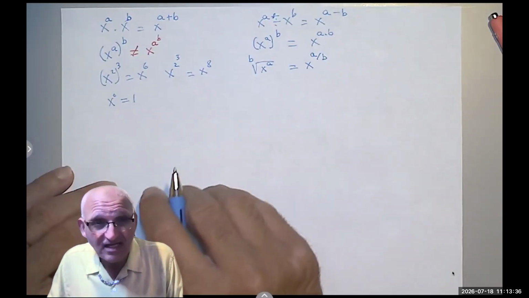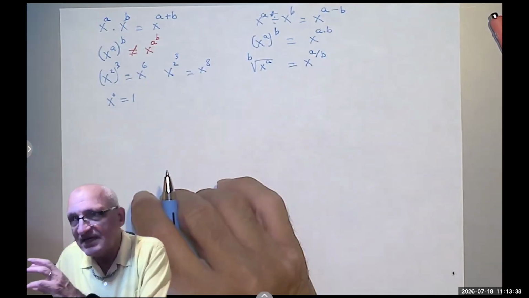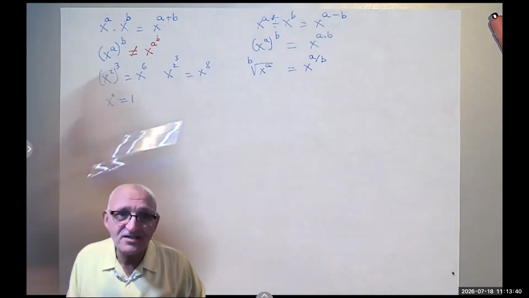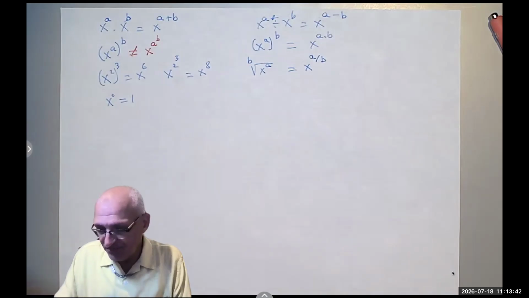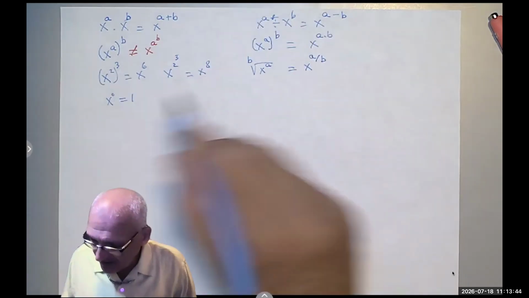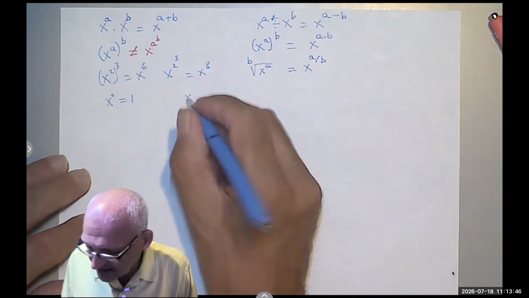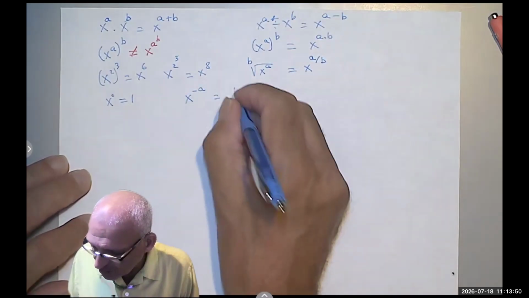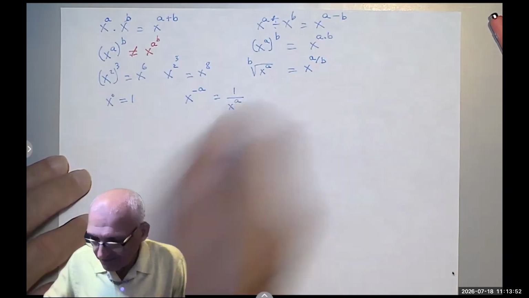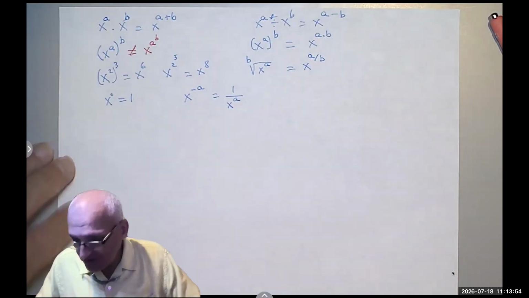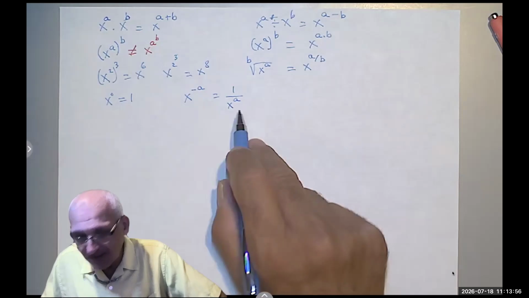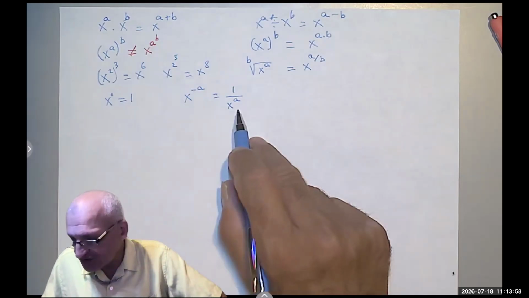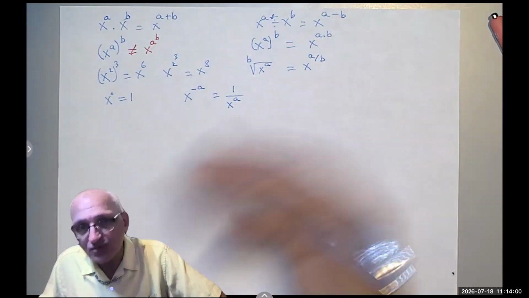And you can't get a negative answer, whichever exponent you use. Even if you use a negative exponent, like x to the negative a, that basically is 1 over x to the a. So even if a is negative, I bring it down as positive in the denominator, and 1 over any positive number would be a positive number.